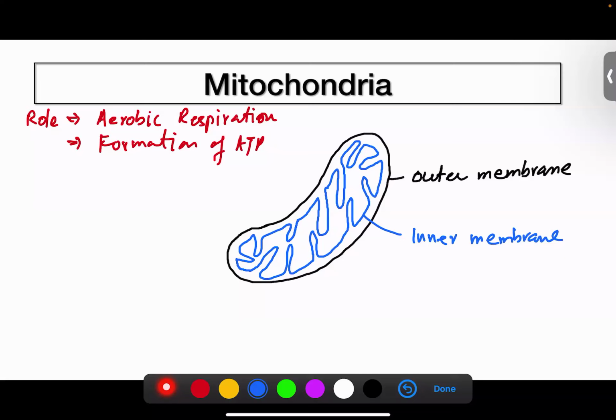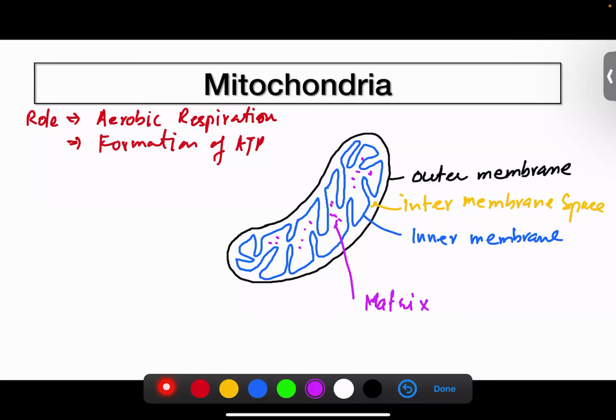There is a space present in between them, which is known as an intermembrane space. The inside of this mitochondrion is filled up with a fluid-like material, which is known as mitochondrial matrix.